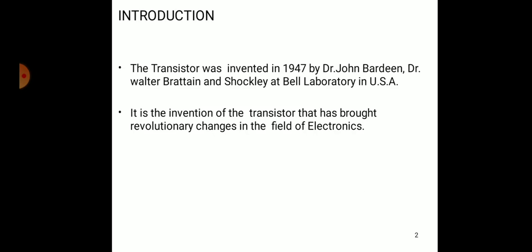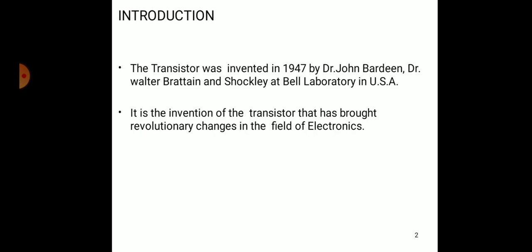From 1947, the electronic industry developed vastly. It is the invention of the transistor that has brought revolutionary changes in the field of electronics.